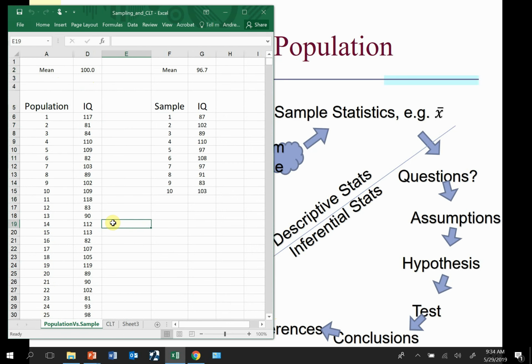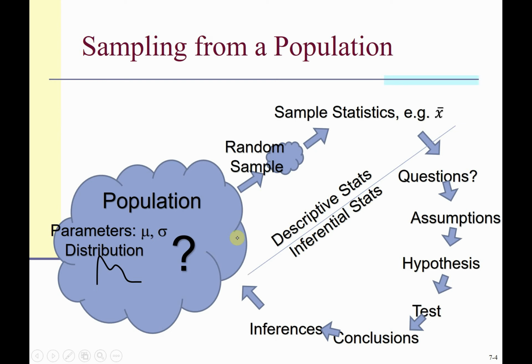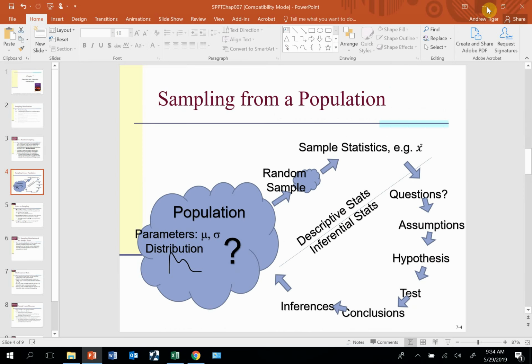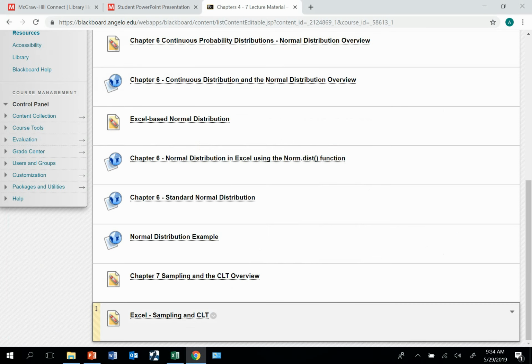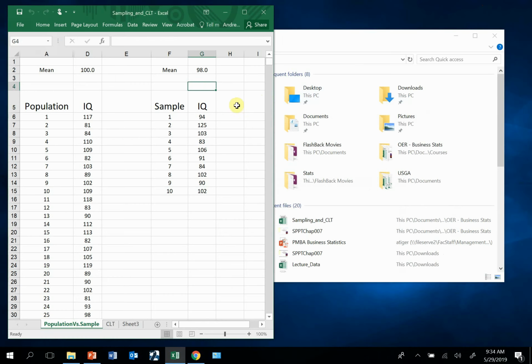Okay? So what I can do is randomly grab a sample from this. What I'm doing is hitting the function key 9, and what that does is it goes over here and grabs a sample from that.